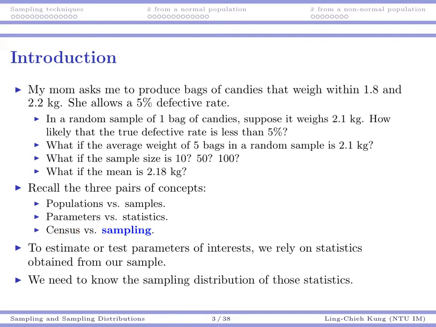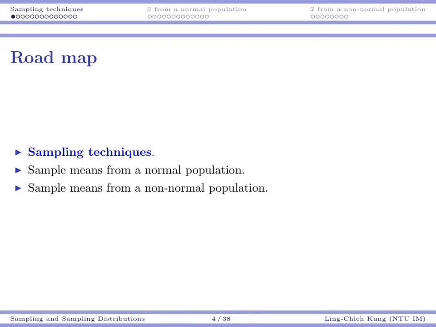So we need to know sampling distributions so that we can really do the inference. In the first two videos, I will talk about simple sampling techniques, and then I will talk about what's going to happen to our sample means when we draw a random sample from a normal or non-normal population.